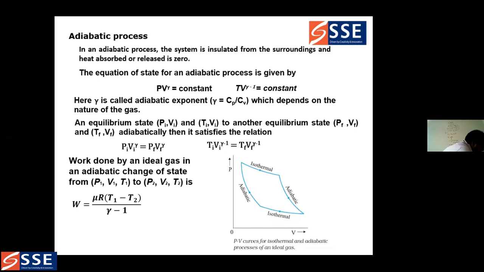Now you have to see this graph. Here you can see that when the volume increases, the pressure in the isothermal process decreases slowly, with no abrupt decrease.